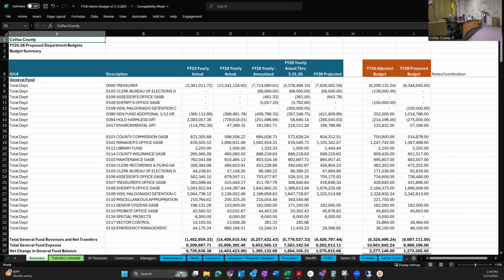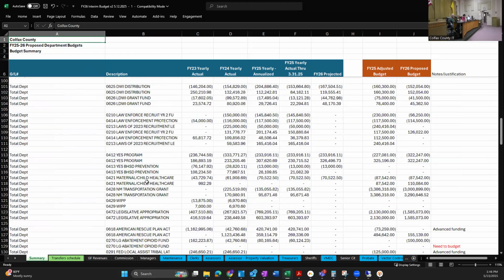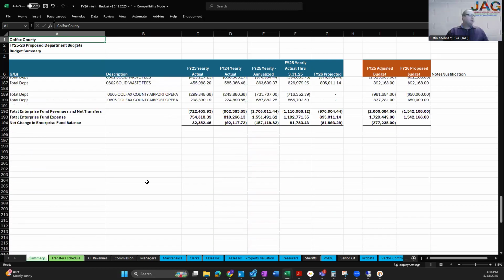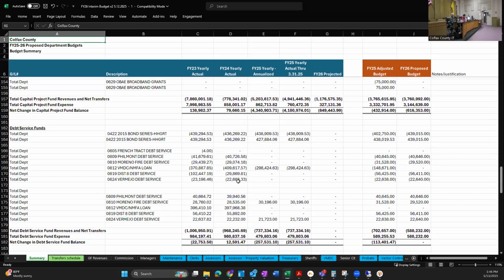Go ahead. So Justin, you said that there's still a balance in the ARPA funds of 150,000. Yes. Was that not supposed to already be, is that encumbered funds? Yeah, I think it is encumbered in FY25.